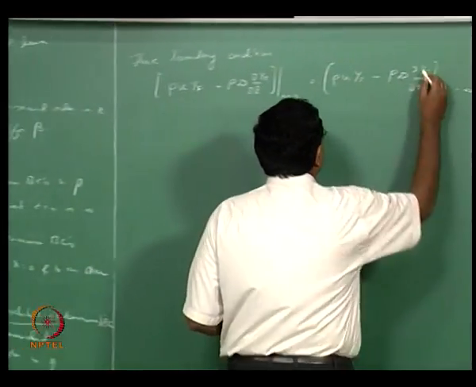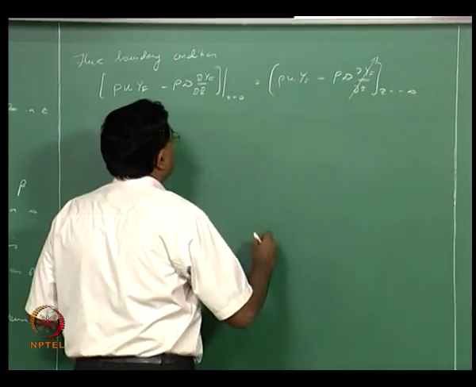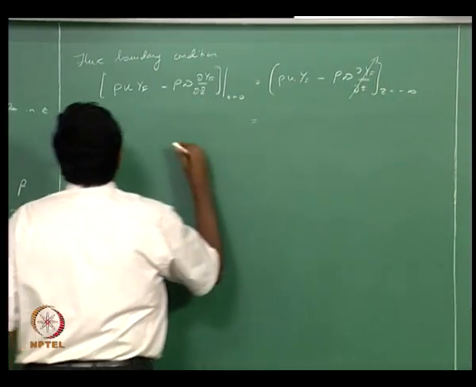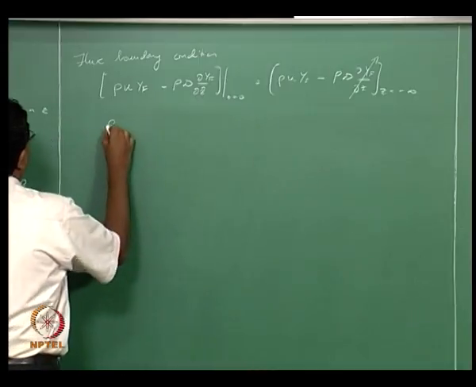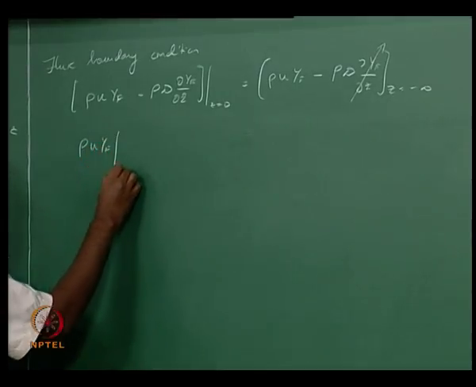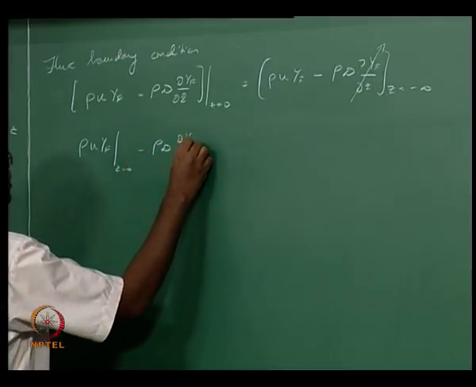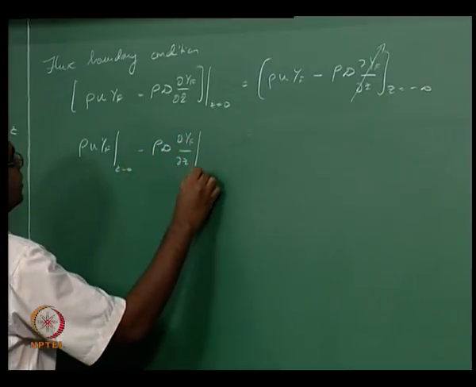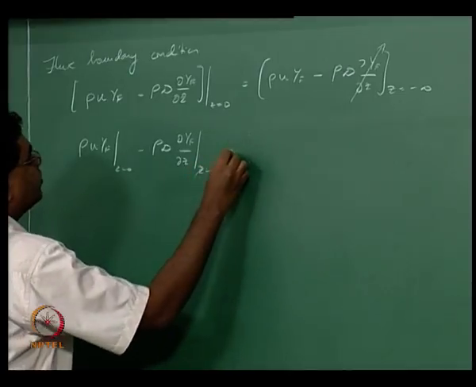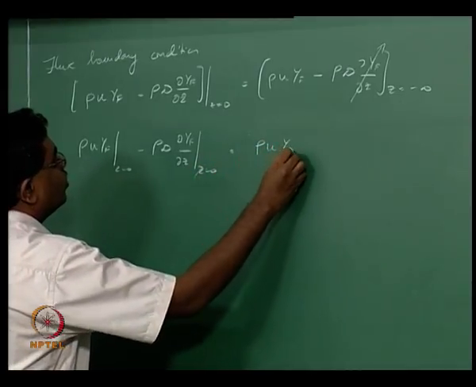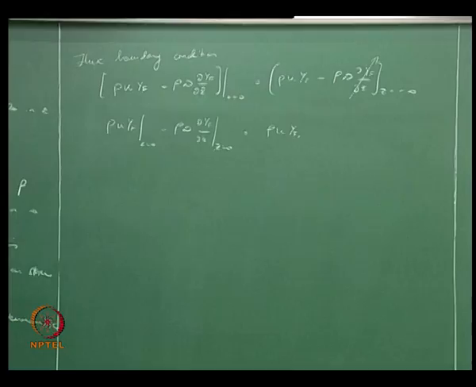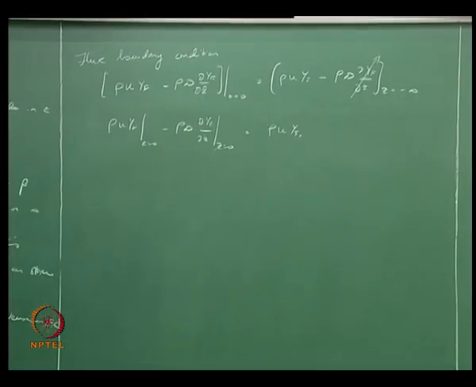So this goes away and you can directly now say rho u Y_F at Z equal to 0 minus rho D dou Y_F by dou Z at Z equal to 0 equals rho u Y_F0, right?